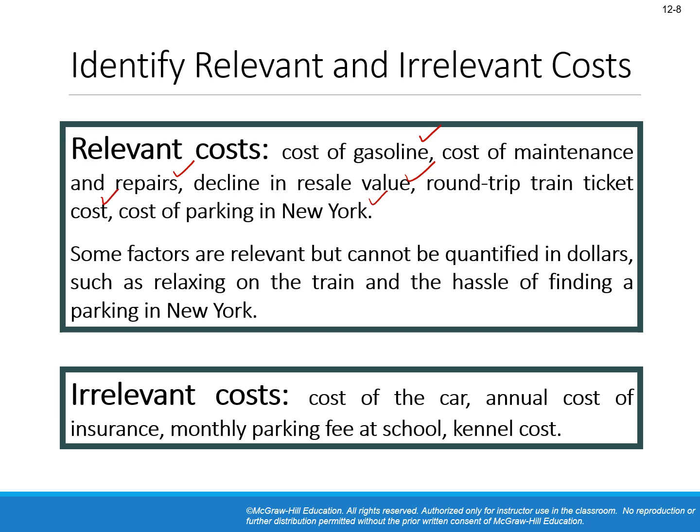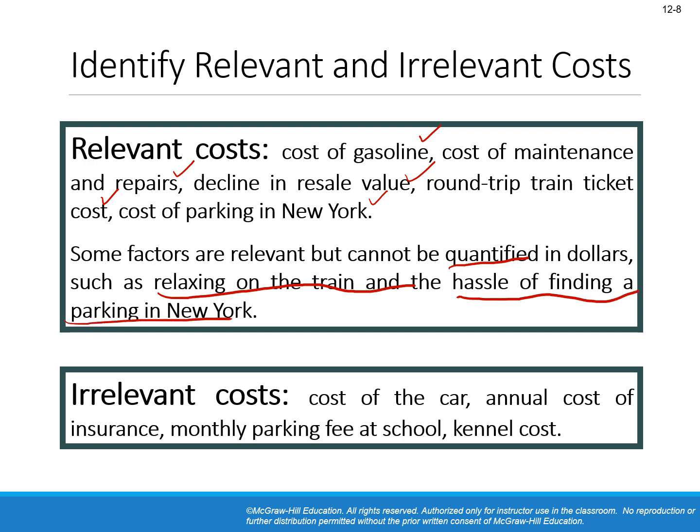So all of those are relevant. Some factors are relevant, however, you cannot quantify them, such as the benefit of relaxing on the train and the negative effect of the hassle of finding parking in New York.